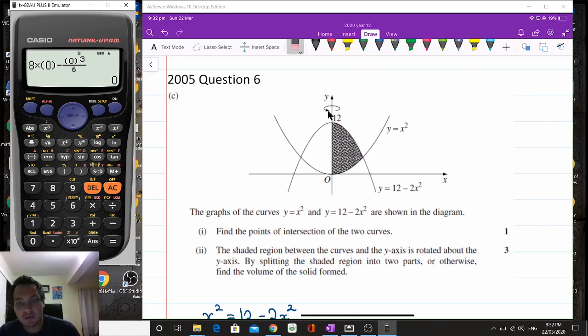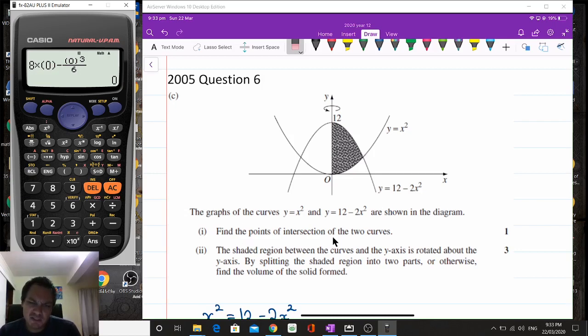Okay, because it's dy, we're going to spin around the y-axis, and we always use x squared dy for these volumes. Okay, so the graphs of the curves are y is equal to x squared, so we know this one is concave up, and 12 minus 2x squared, so it's 12 is its y-intercept, and it's got a concavity of -2, so it's concave down, and it's been compressed in.